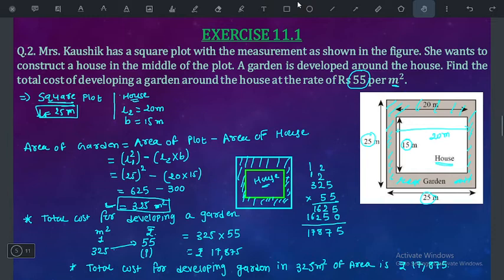So L1 square minus L2 into B, because from the square plot we minus the area of the house, and we get 325 meter square area of the garden. Once we have found the area of the garden, we get the answer of the total cost for developing a garden around the house. So that's our answer.